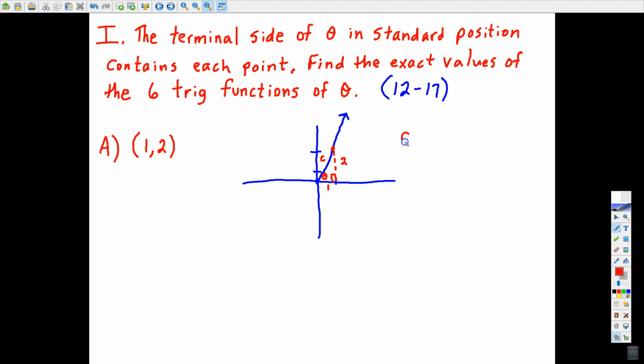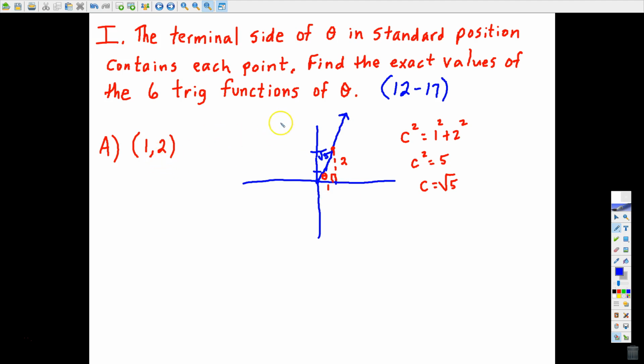So we're going to have to rely on the Pythagorean theorem again. C squared is equal to a squared plus b squared. C squared is equal to 5, so c is the square root of 5. All right, so now I know that this side, this hypotenuse that I had labeled as c, is measured at the square root of 5.